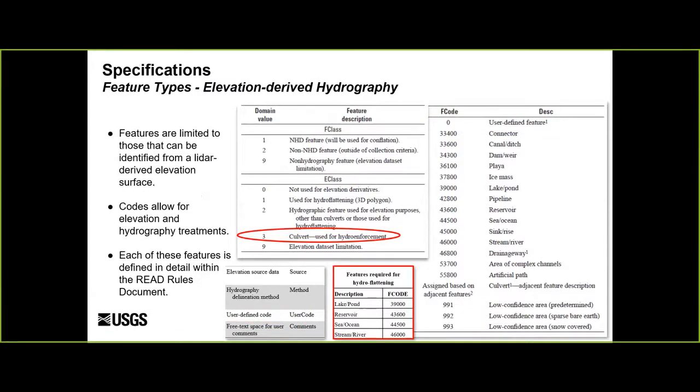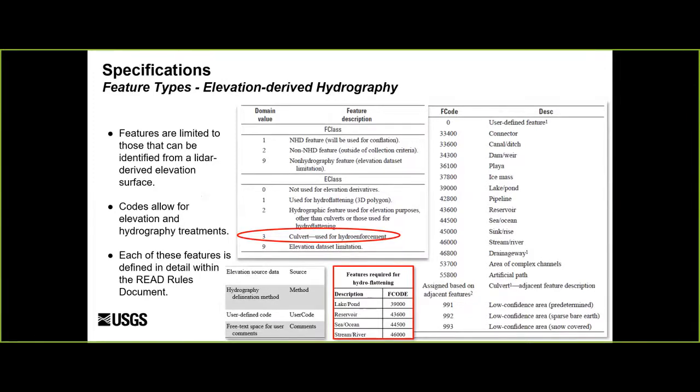The other important thing is that we want to help integrate the hydrography into the elevation data set. And so the coding provides the ability to use the features as elevation break lines. And these meet the LiDAR-based specification break line requirements for hydroflattening. The features listed in the lower middle table are those needed for hydroflattening a DEM surface to meet the LiDAR-based specification.